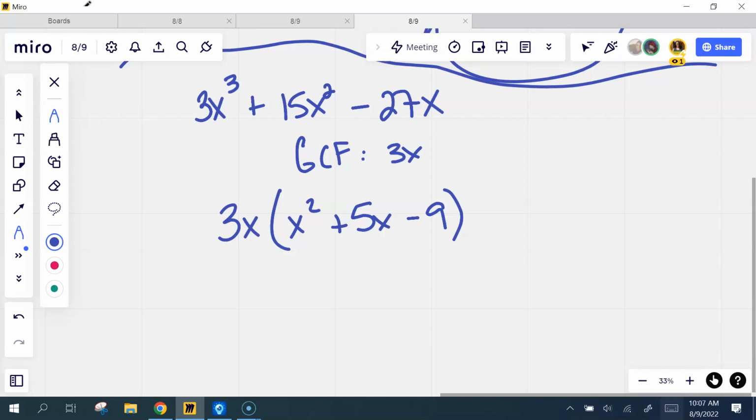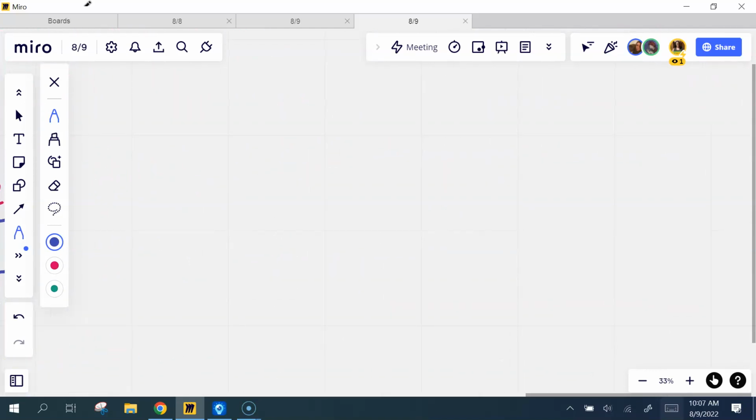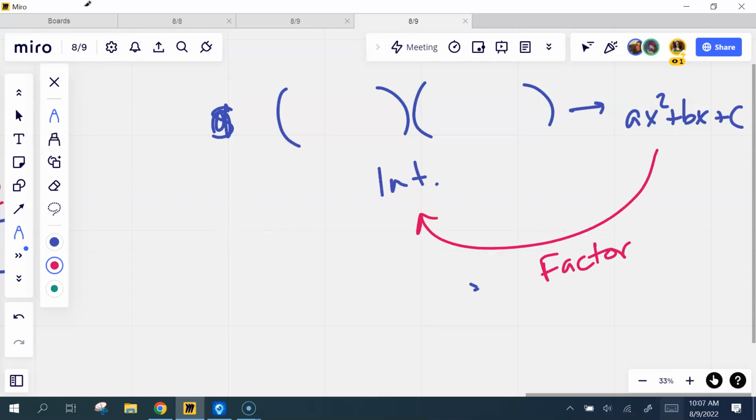So what we're going to do is we're going to take these quadratics, okay? And we're going to take them right now from intercept form to standard form. But what we're going to do when we factor is we're going to undo it and get it in intercept form.